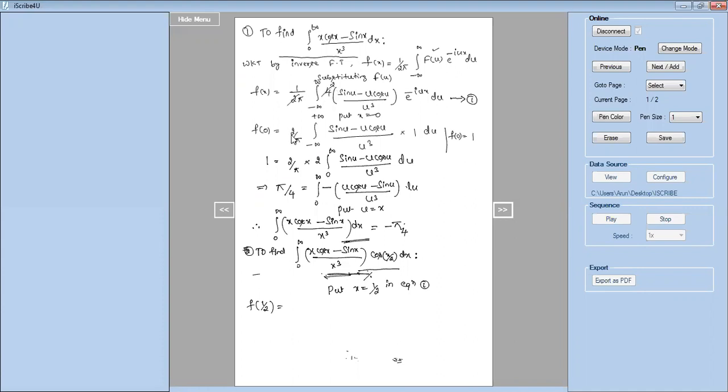I'll write 2/pi times the integral from minus infinity to plus infinity of (sin u minus u cos u) divided by u cubed, into e^(i·u/2) du, since x is 1/2. Right? So I'm putting x equal to 1/2 in this.